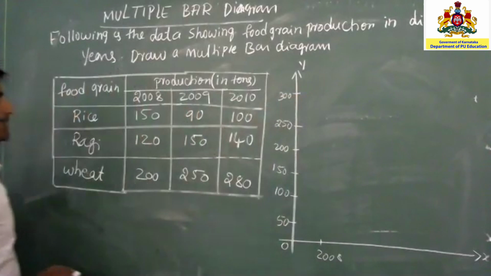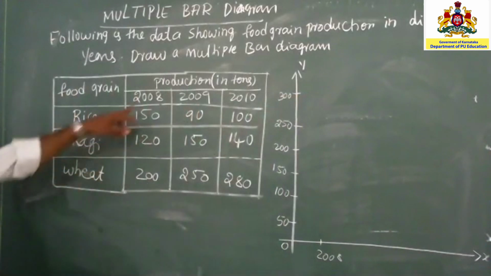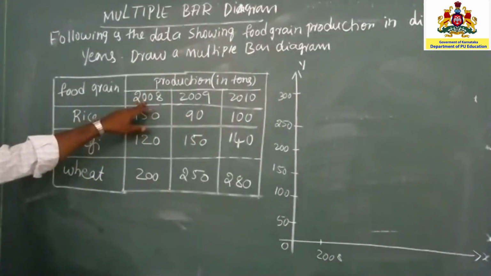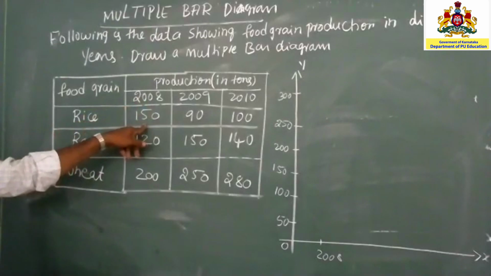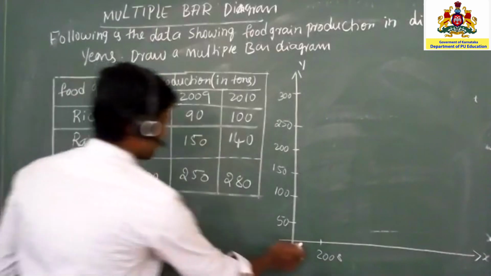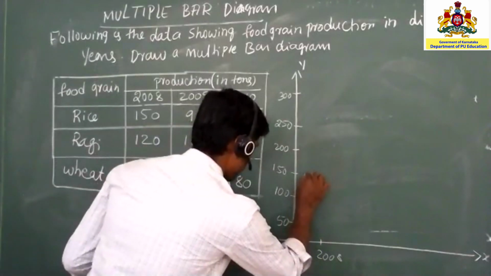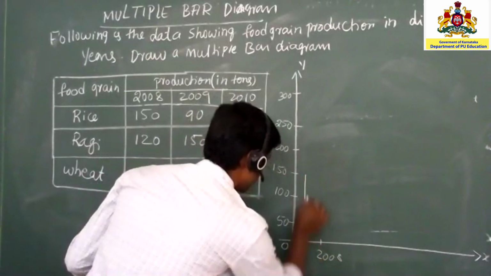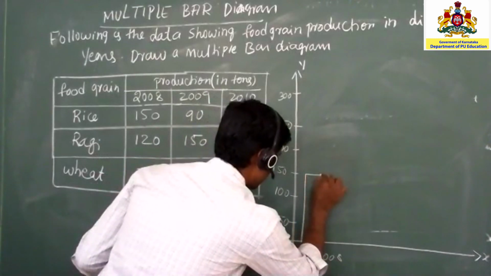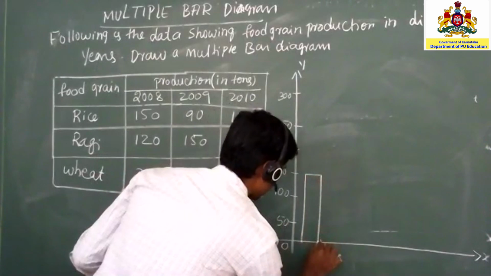Now we will discuss one by one. First year is 2008. In 2008, the rice value is 150. See here, multiple bar diagram means the bars are interlinked together.